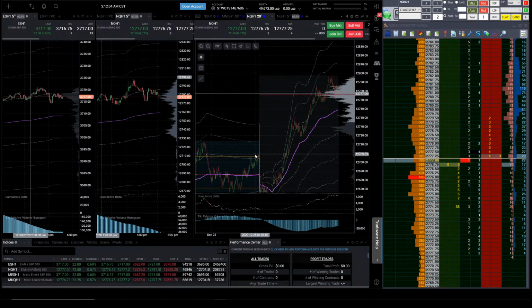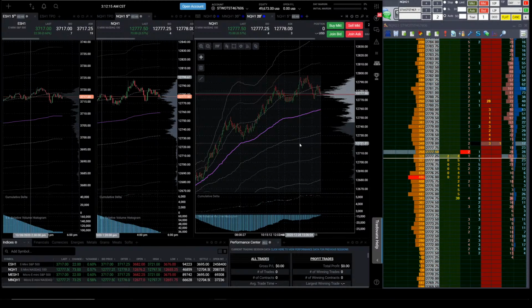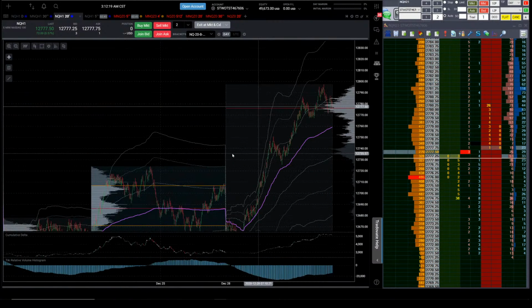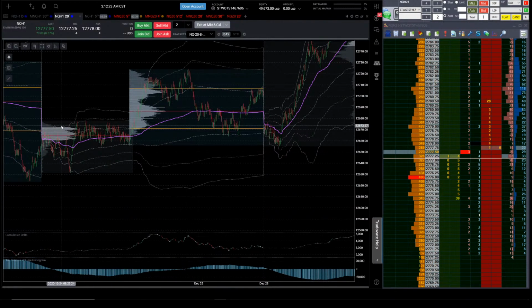Then when the real time starts, this profile jumps to the left. These bars become active and we chart the real time that way. Let me see if I can show that better. So here, this was Globex. Here's real time.